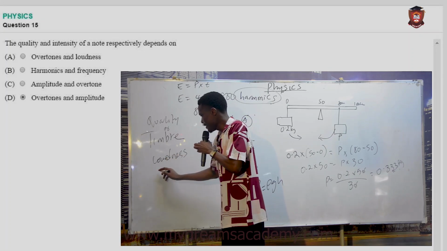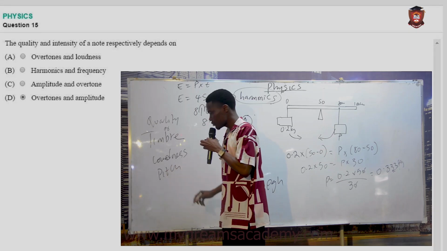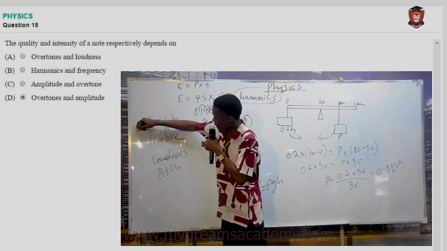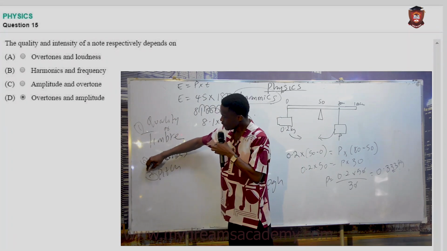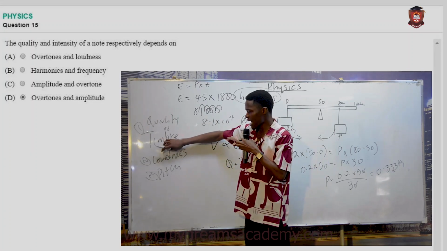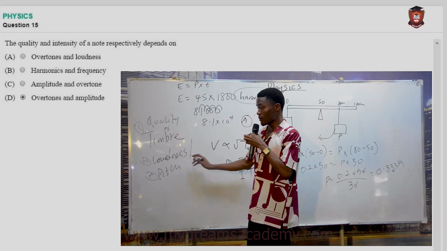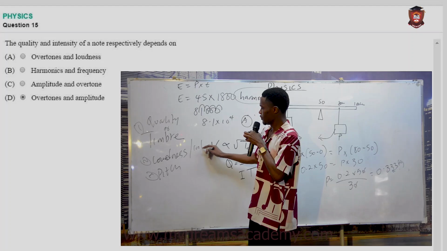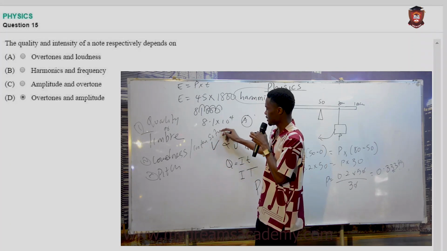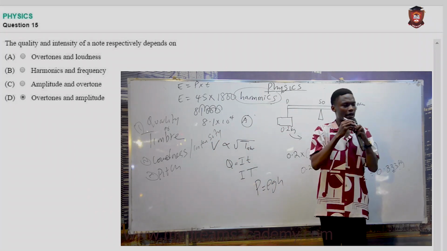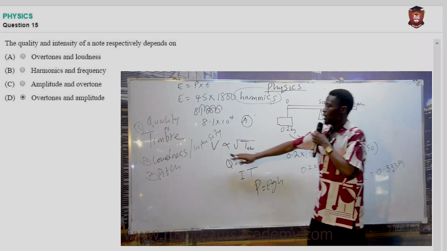And the last one is pitch. So there are 3 in number: quality or timbre, loudness or intensity, and pitch.